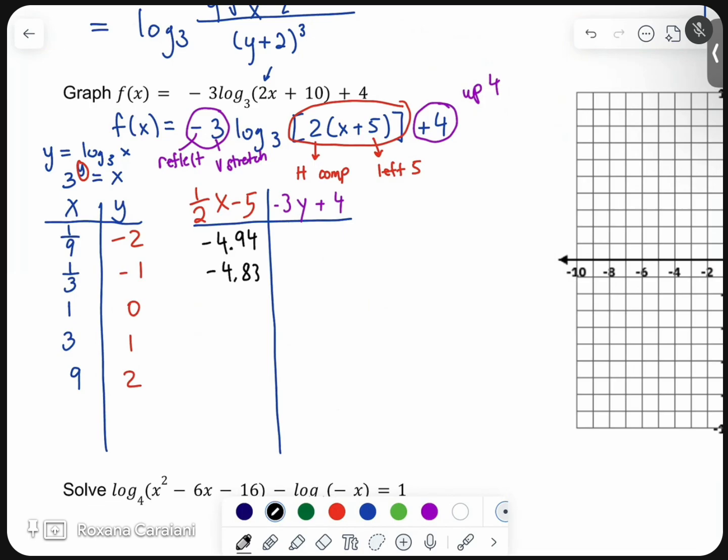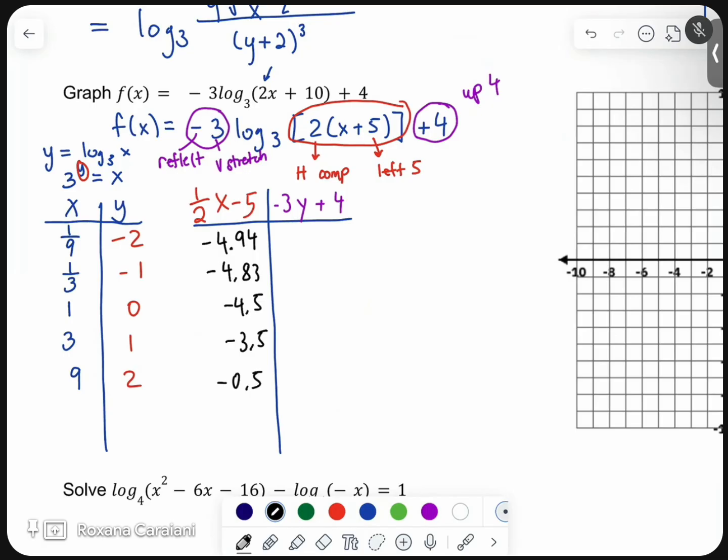Then 1/2 times 1 is negative 4.5. 1/2 times 3 is negative 3.5. And finally, 1/2 times 9 minus 5 is negative 0.5.